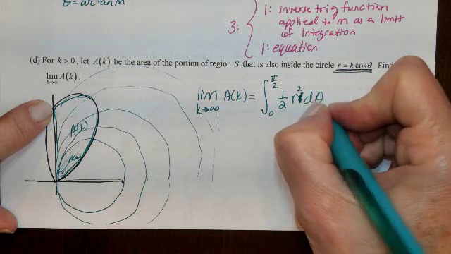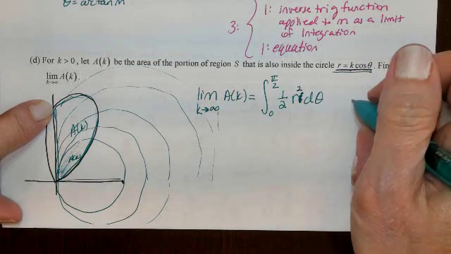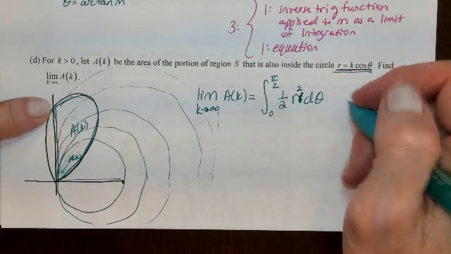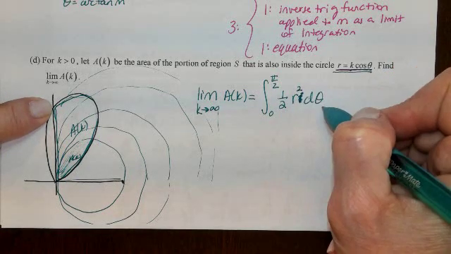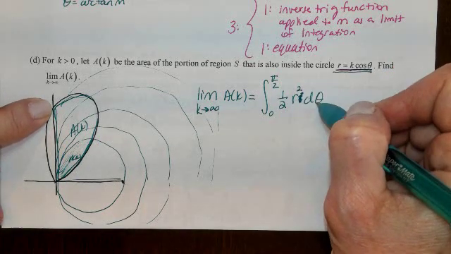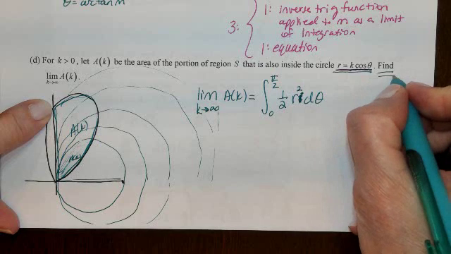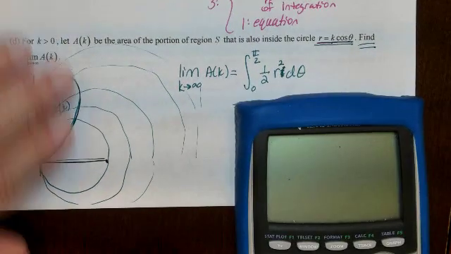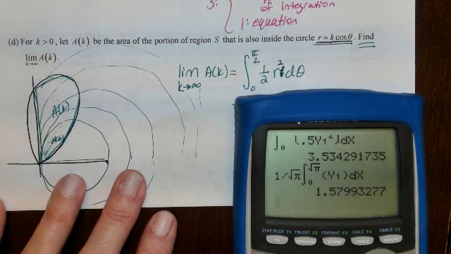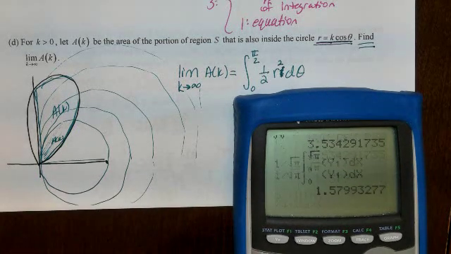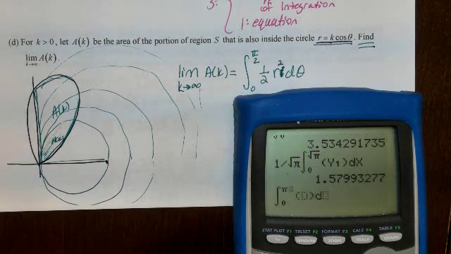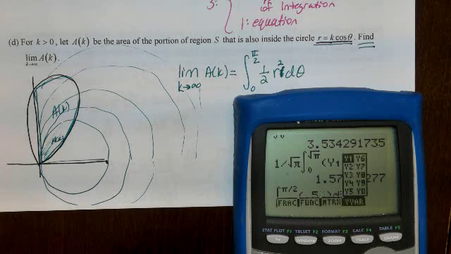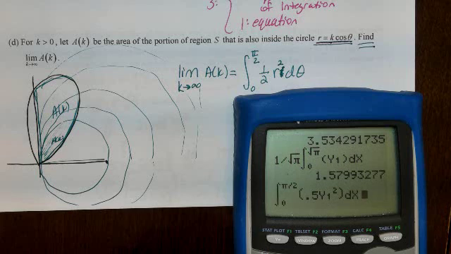I always do the test in pencil, but for this I like it to show up in pen. Of 1/2 r squared d theta. Okay? So we have to actually find this, so this can go into my calculator. So I have 1/2, integral 0 to pi over 2 of 1/2 my y1 squared d theta.